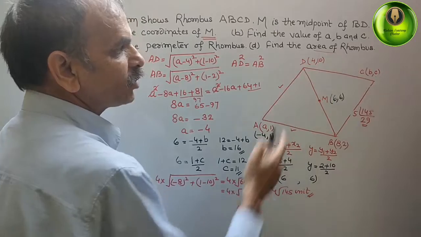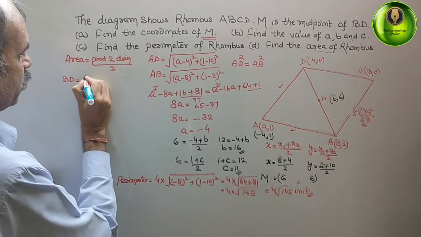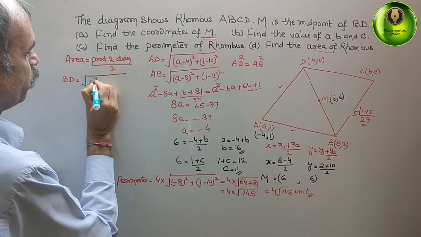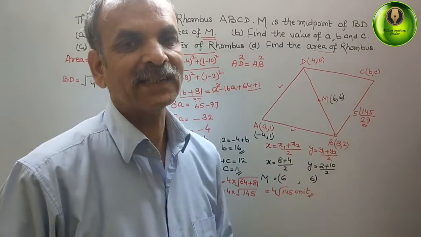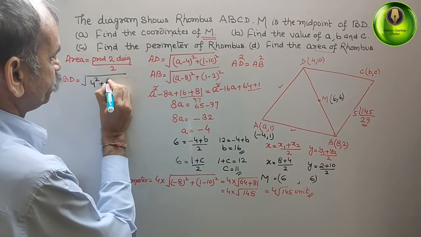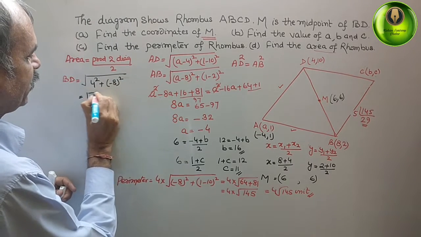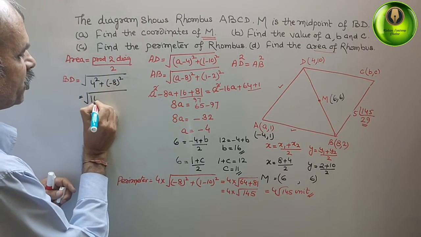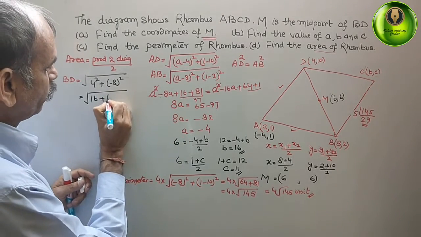8 minus 4 is 4, square, root over 4 square plus next 2 minus 10 is minus 8 square. This is equal to, we can say, 4 square is 16 plus minus 8 square is 64.